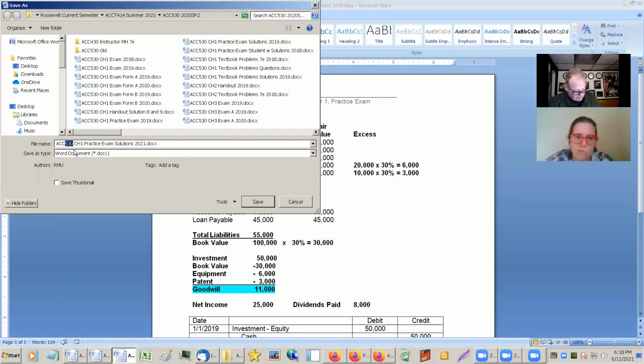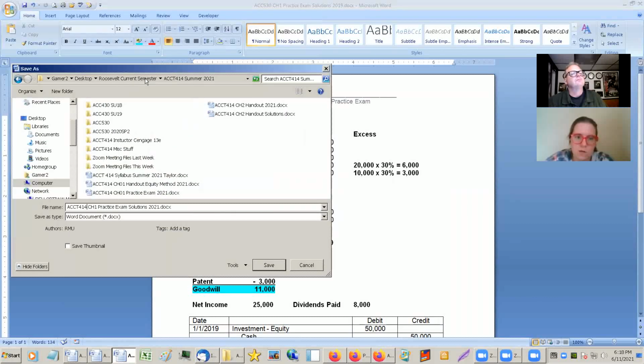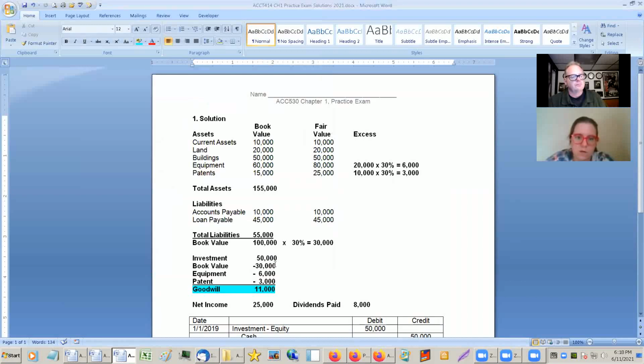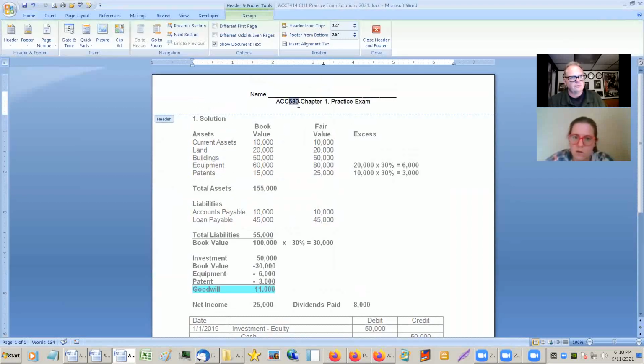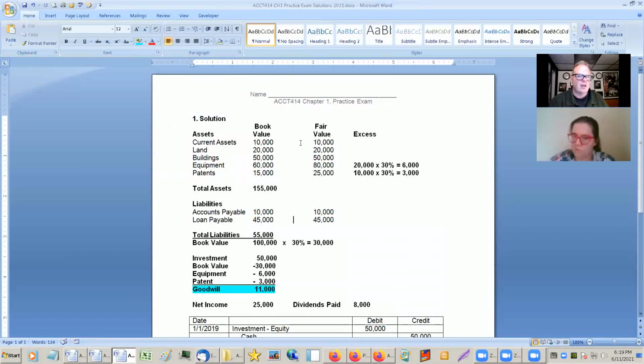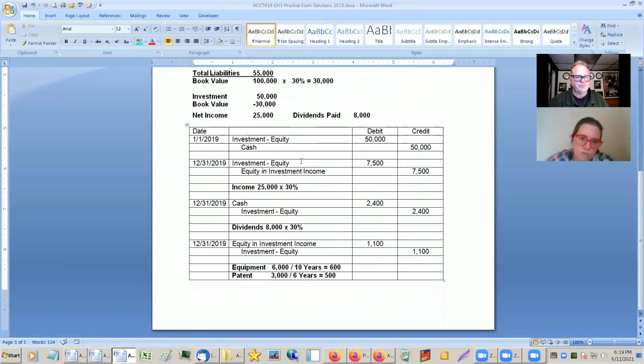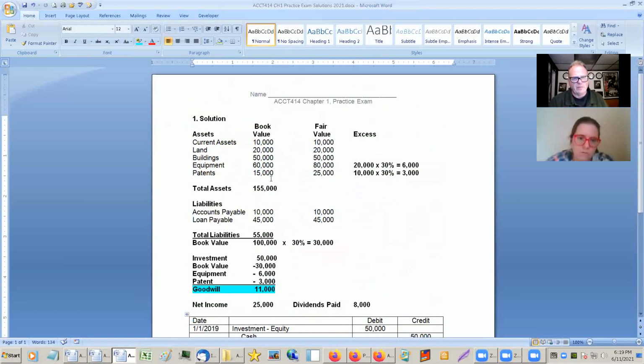Completely different colors. I think this was from a different book.